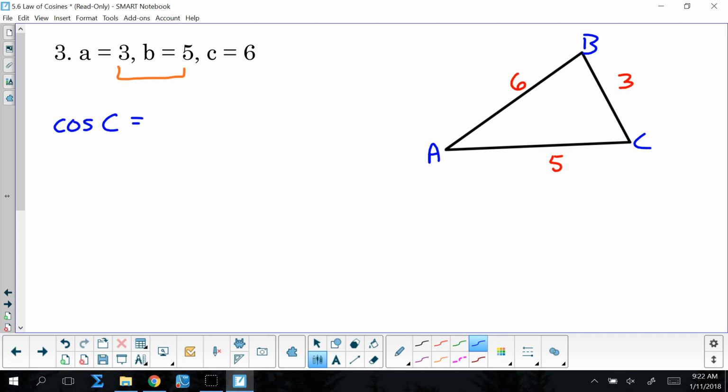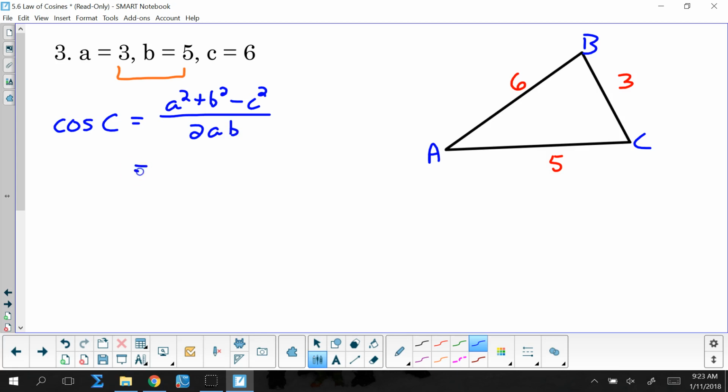That's going to be side A squared plus side B squared minus side C squared divided by 2 times A times B. So in this example, that's 3 squared, which is 9, plus 5 squared, which is 25, minus 6 squared, which is 36, all over 2 times 3 times 5, which I could just type into my calculator.